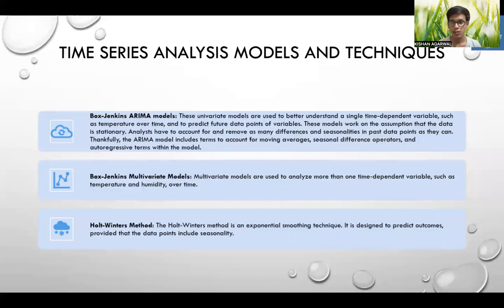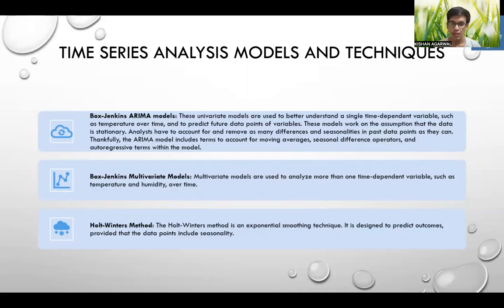Time series analysis models and techniques. Box-Jenkins ARIMA model. This is a famous model. These univariate models are used to better understand a single time dependent variable such as temperature over time and to predict future data points of variables. These models work on the assumption that the data is stationary.